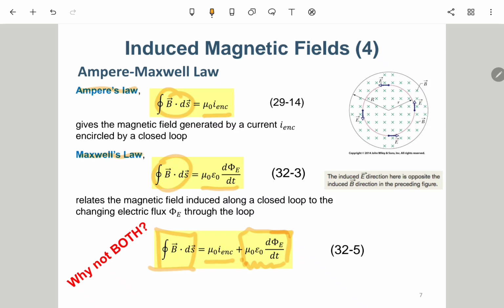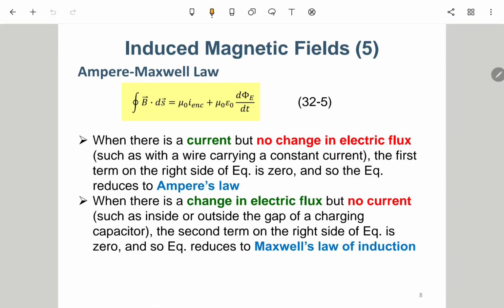So they try to combine these two into a single equation. 大人的话就全部都要嘛，所以我们的话就是两个都要。Okay, so this one is like the PPAP. So we call it the Ampere-Maxwell law. This is the line integral, this is the static current part, and this is what we'll call the displacement current on the next page.